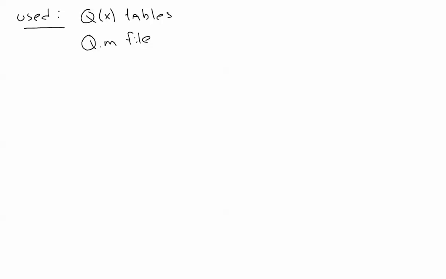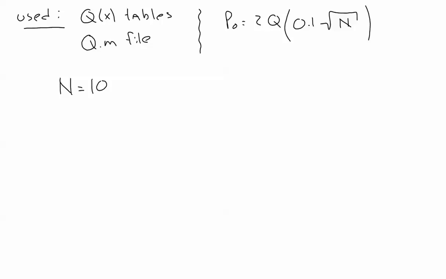But for this particular problem, remember, P0 equals 2 times the Q function of 0.1 square root of n. What I found was if n equals 10, P0 was about 75.2%.